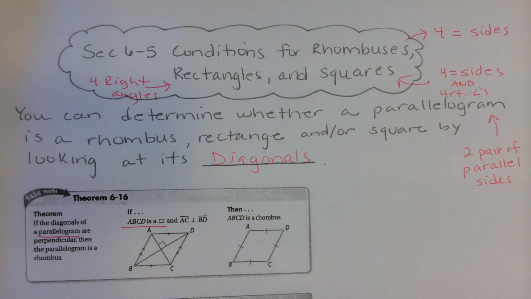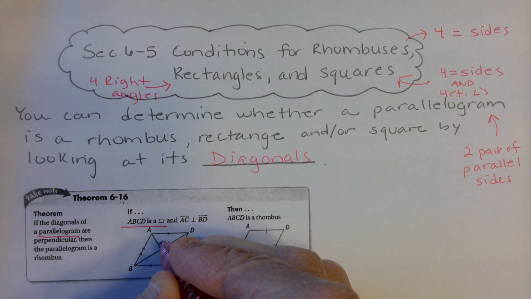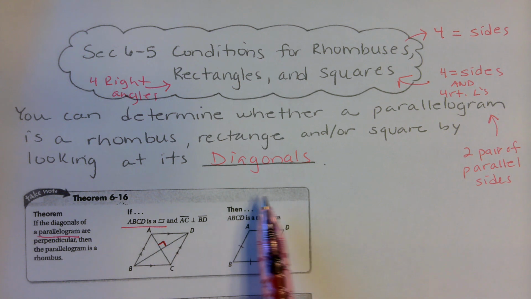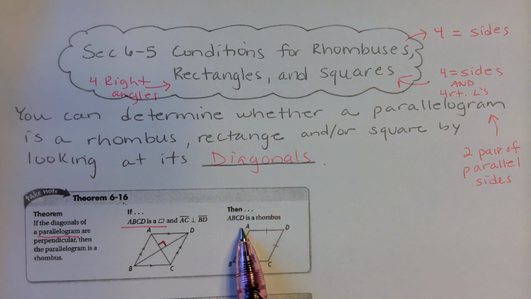In this case, they don't say diagonals right here, but AC and BD are your diagonals. And what do they say about them? Perpendicular. So if you have a parallelogram and the diagonals are perpendicular, they meet at 90 degrees, then this figure has to be a rhombus.